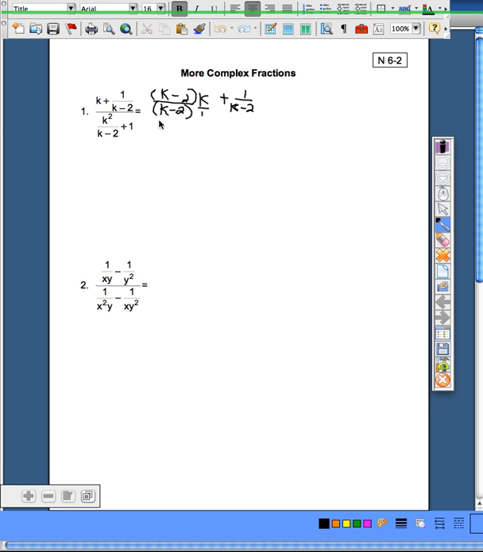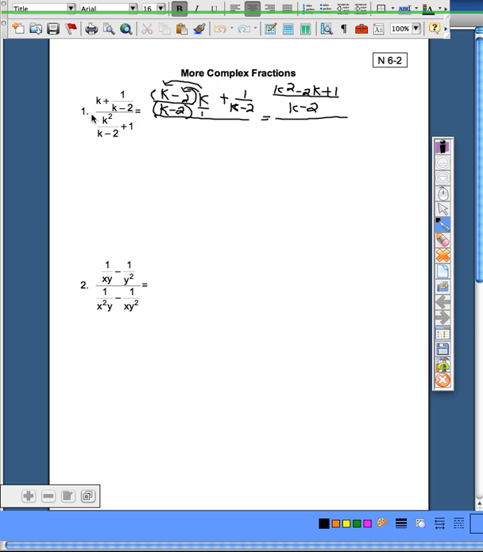Now, as we continue on with the numerator, this k is going to have to be distributed to both the elements in this binomial. So we'll end up with k squared minus 2k plus 1, and all of that will be over k minus 2.